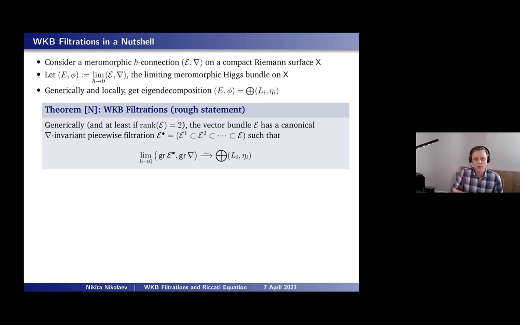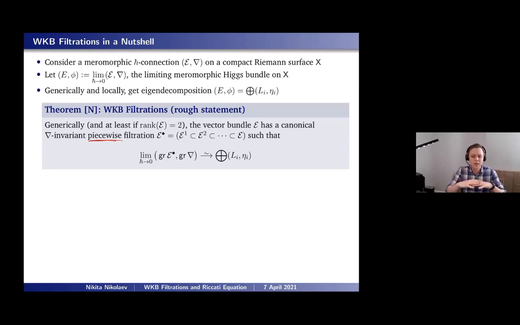In other words, you could think that it has an upper triangular form in that filtration, and there's also this word piecewise. By that I mean that my Riemann surface X, minus finitely many points, so a dense open subset of X, is covered, or tiled, with these cell open sets, which may intersect.